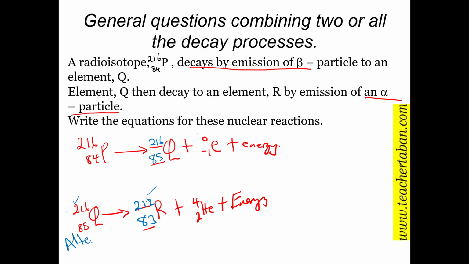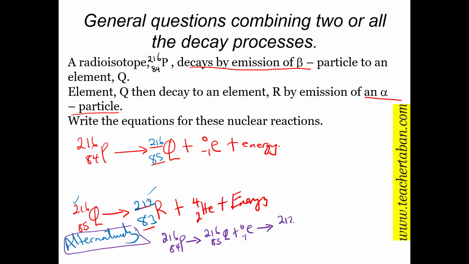Alternatively, someone may do this, that we have 216 84 P decaying to give 216 85 Q plus a beta particle, which decays again to give off 212 83 R and then plus 4 2 helium, then plus the energy.